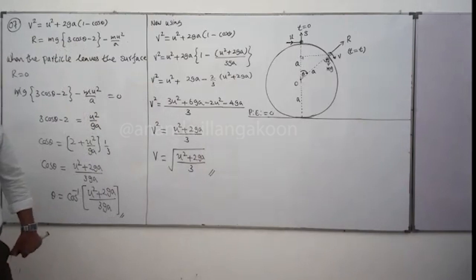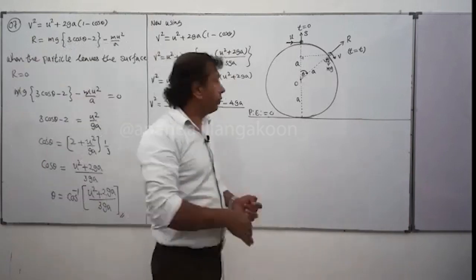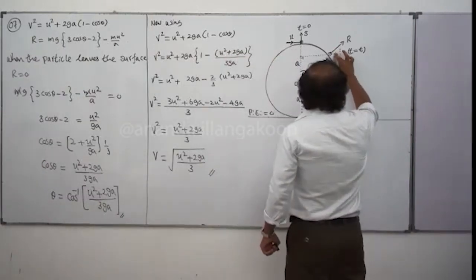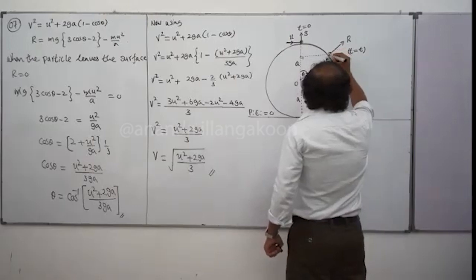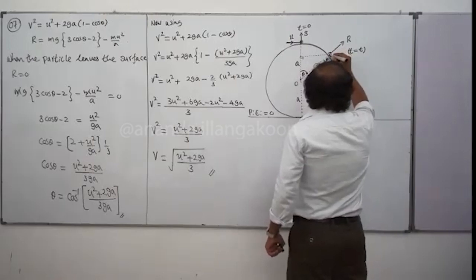Now, in the subsequent motion, after leaving the surface, the particle moves under gravity as projectile motion. Suppose this is the instant the particle leaves the surface, and the velocity V is this way. The velocity V is always along the tangent, this way.